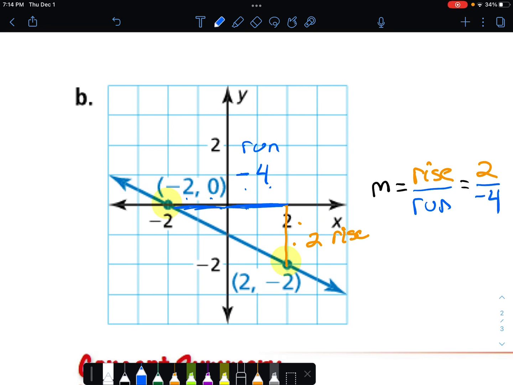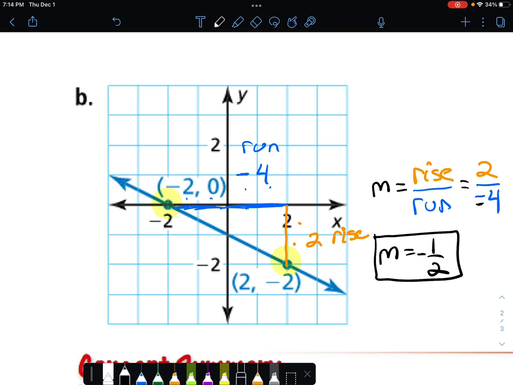And again, I can simplify that. There's a common factor of 2 in the numerator and the denominator. And so that would give me m is equal to negative 1/2. Let's not forget that negative there, okay? And that's our answer.